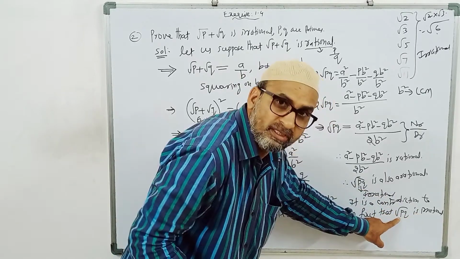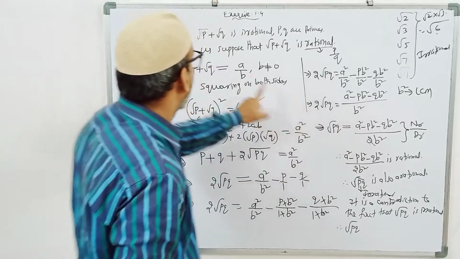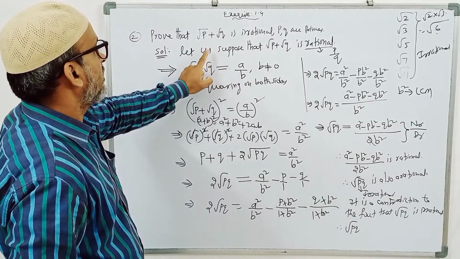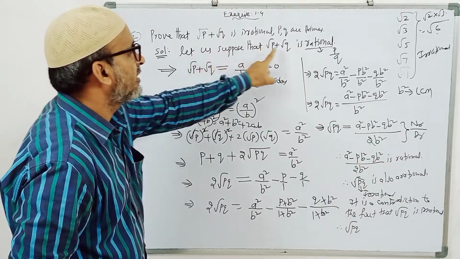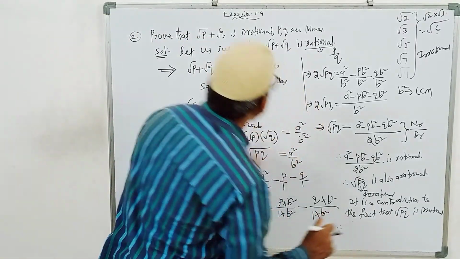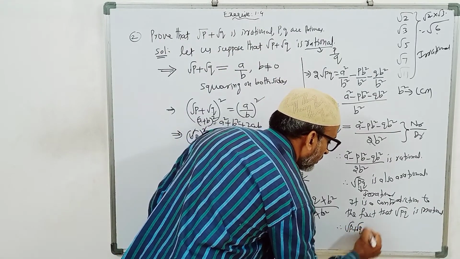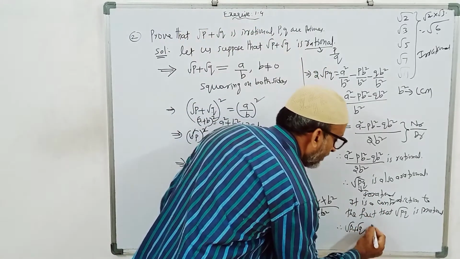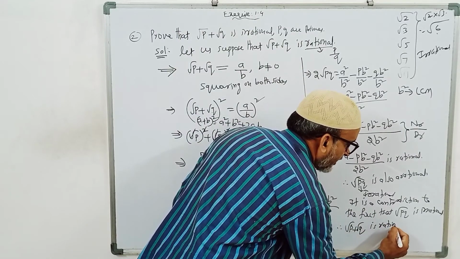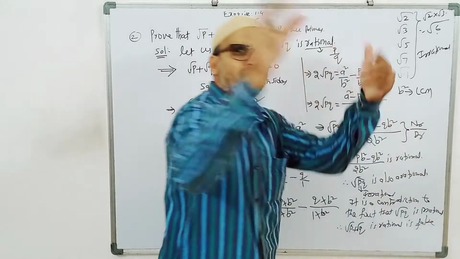Why? Because you know that this is an irrational number, yet you got a rational number. The assumption you have taken, that root P plus root Q is rational, is wrong. You have taken it as false.